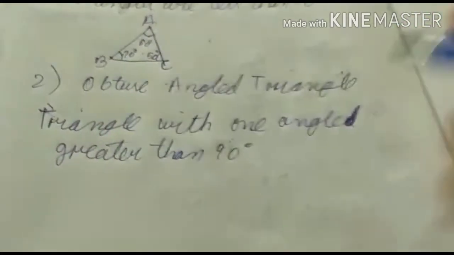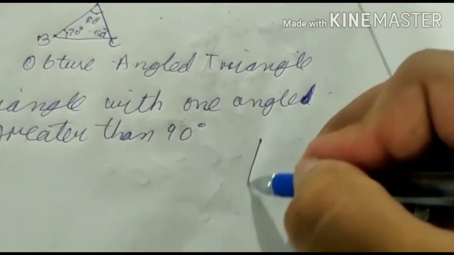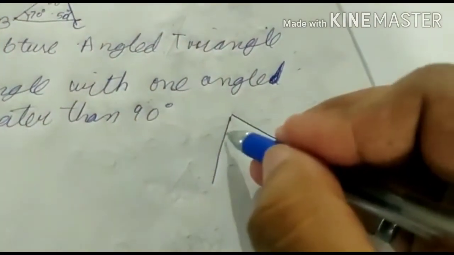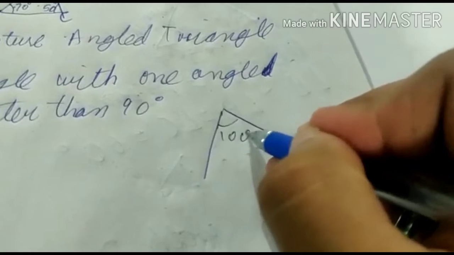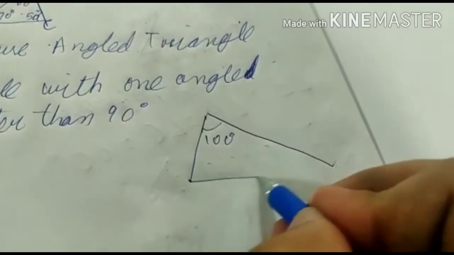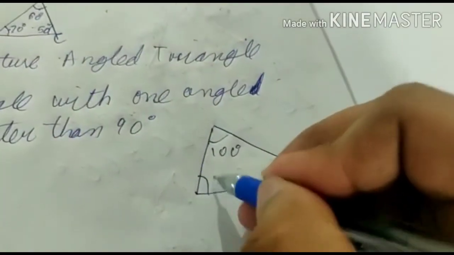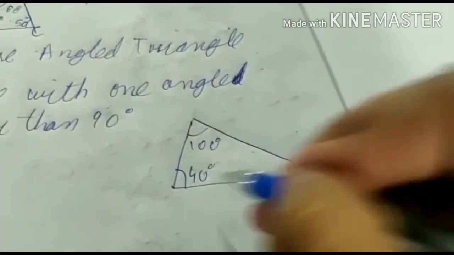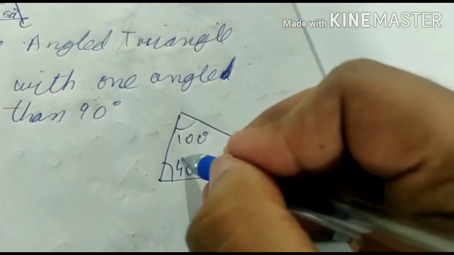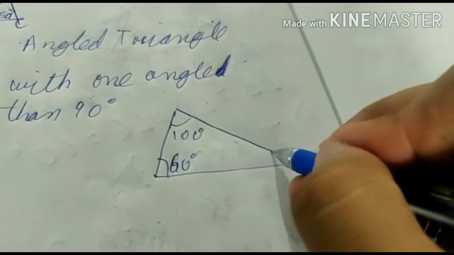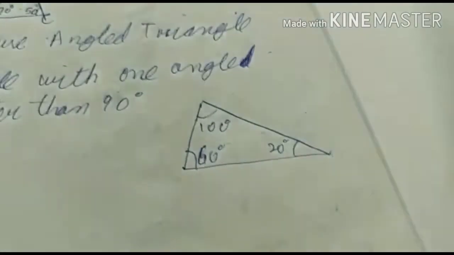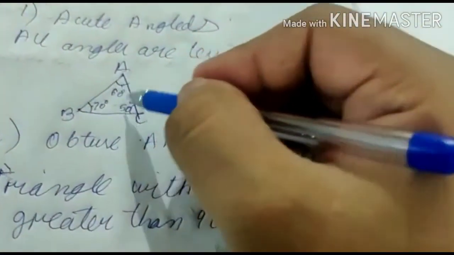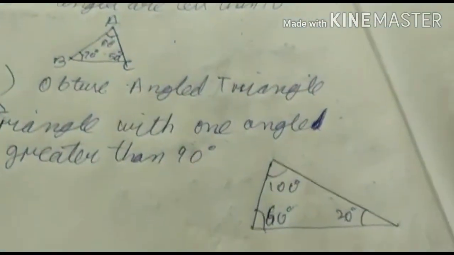Okay, so only one angle will be greater than 90 degrees. Like this is 100 degrees, this is 60 degrees, and this is 20 degrees. Okay, 100 plus 60 plus 20 is 180.